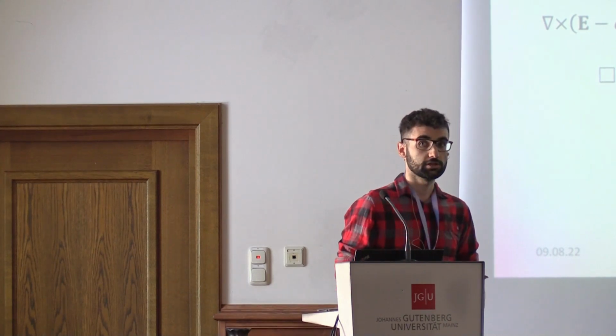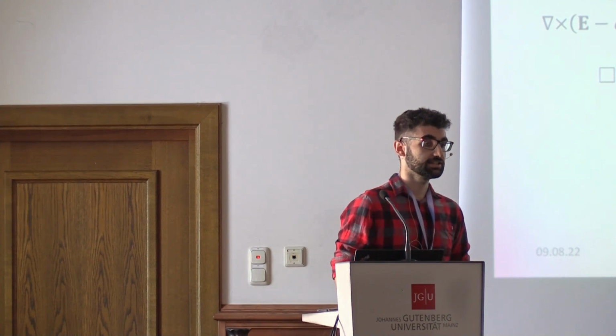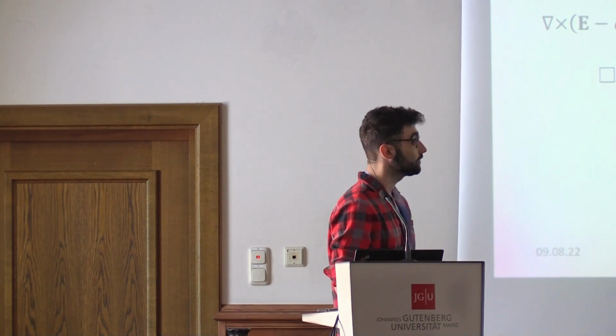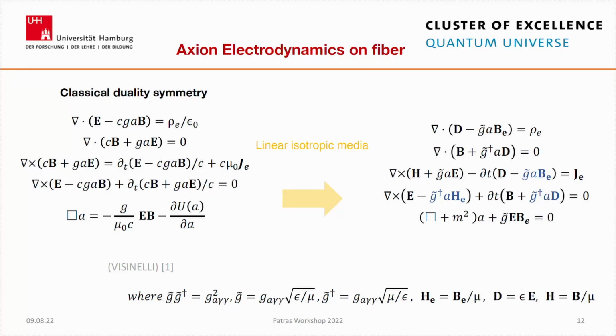Our first approach is based on a classical Lorentz symmetry. For those who are not aware of it, this is the presumption, in the axion-modified Maxwell equations, that magnetic monopoles exist.